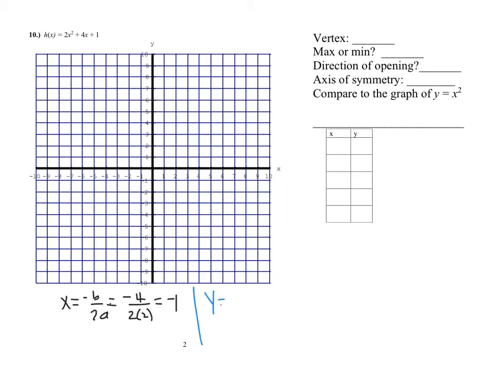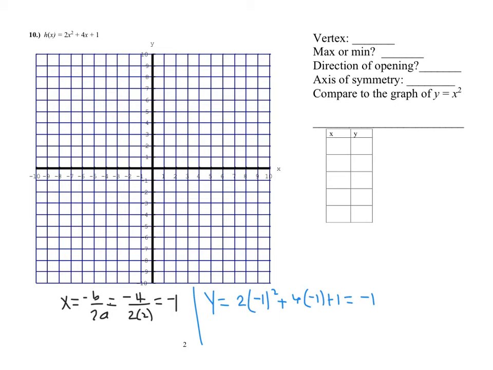So y is going to be 2 times negative 1 squared plus 4 times negative 1, plus 1, and this is all going to equal, for y, what do I get for y? I work all this out, and this should give me negative 1.